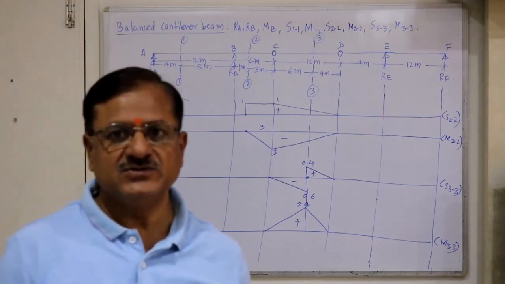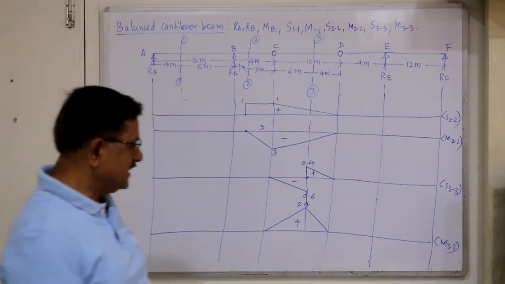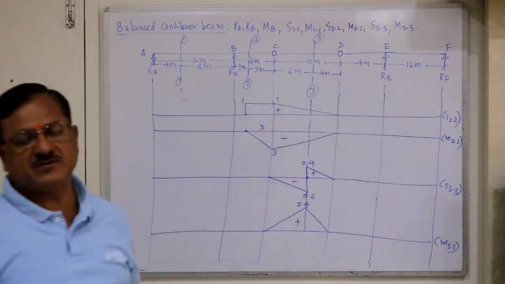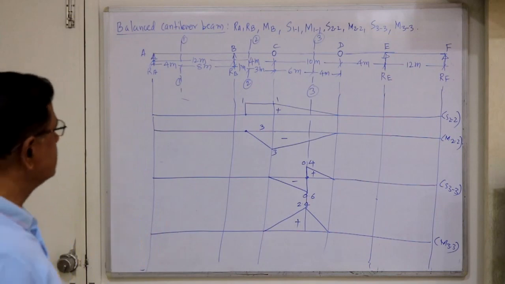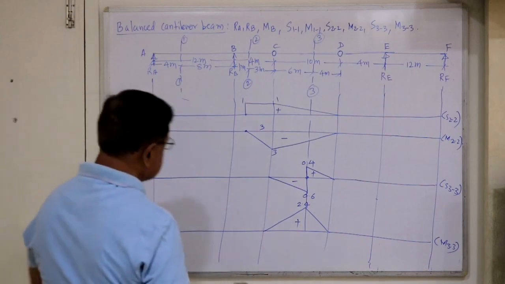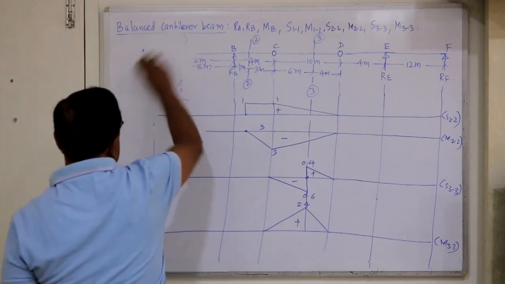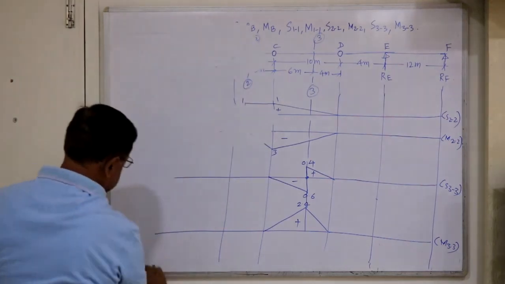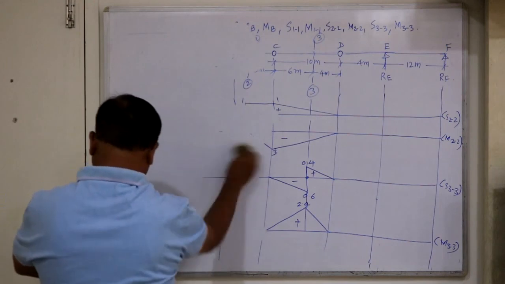Then I will give you one problem for practice. Only one problem, you complete the ILDs. So take down the next problem for your practice. And then during the second lecture we will see the ILDs for trusses.